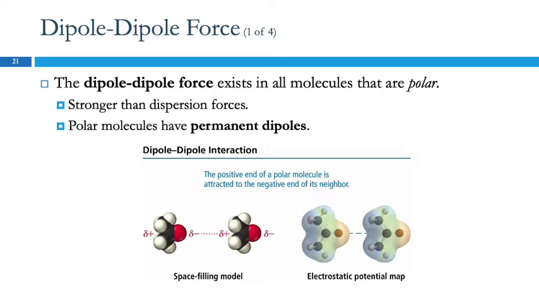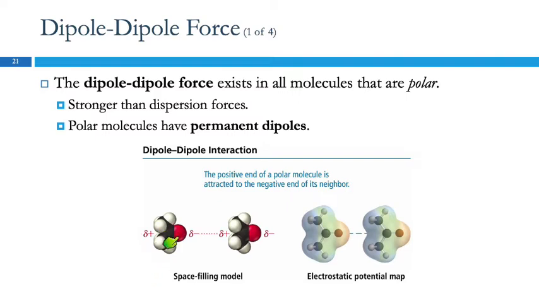So polar molecules have permanent dipoles, and this is part of why we needed to learn how to identify which molecules are polar and nonpolar, so we can predict what kind of forces they have and relative boiling points and things like that.